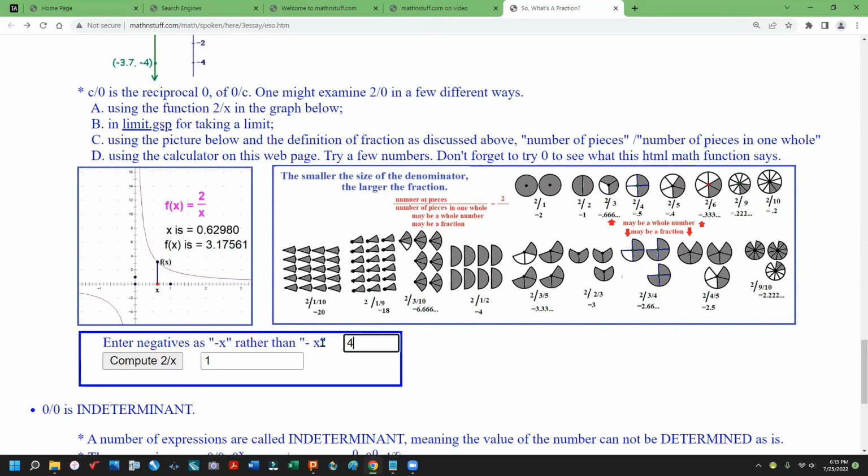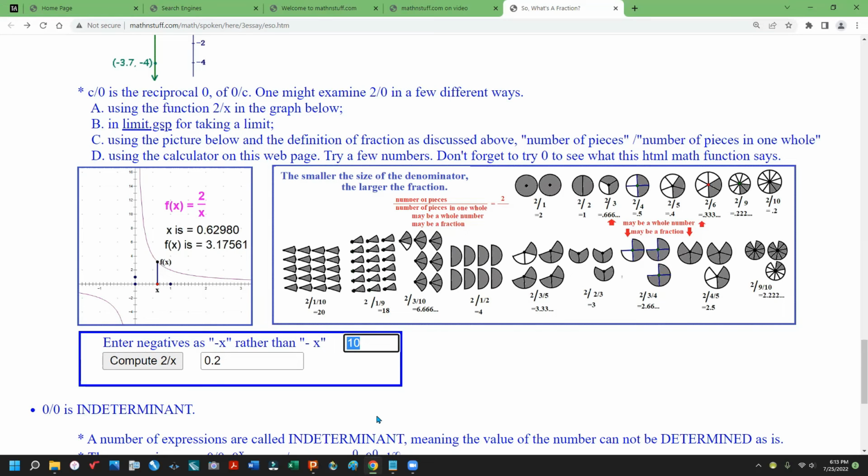Let's put in a 4. 2 divided by 4 gives me a half. Let's put in a 10. 2 divided by 10, 2/10. There it is, 2/10.